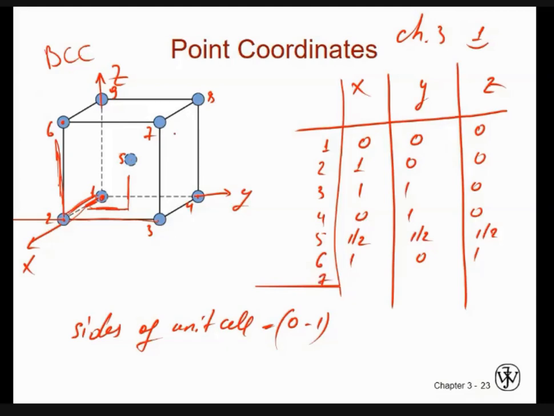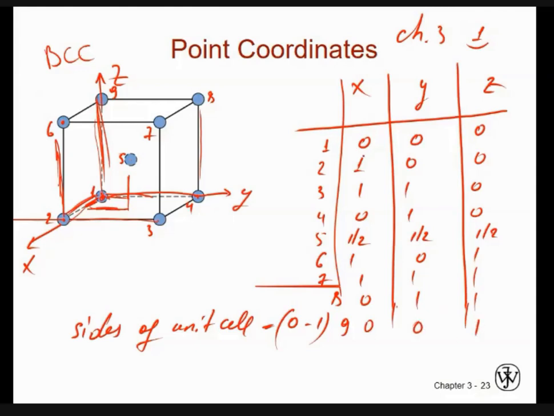For number 7, which is this one, it will be 1, 1, 1. For 8, in order to go from origin to number 8, I need to move 1 in y direction, 1 in z direction: 0, 1, 1. And the last one, 9, if I just move in z direction, full length, it will be 0, 0, 1.